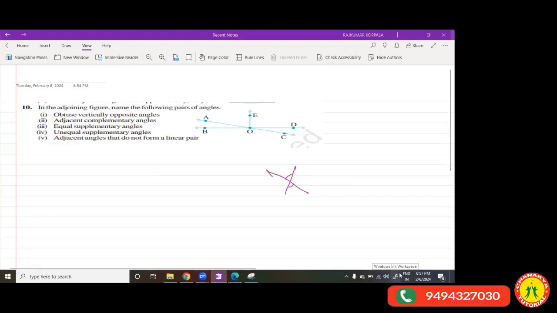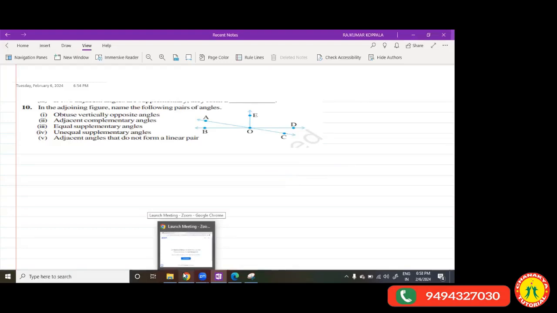So vertically opposite angles means if any two lines intersect at any one point, then the exactly opposite angles are called vertically opposite angles. This angle and this one are called vertically opposite angles, right? Now in this figure, what are the vertically opposite obtuse angles? Can anybody say?